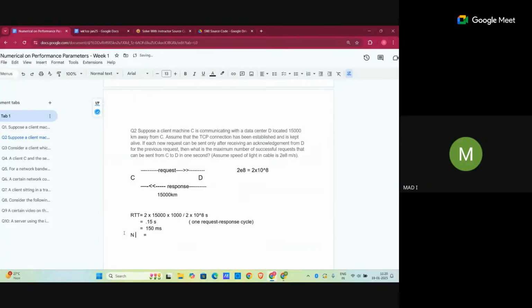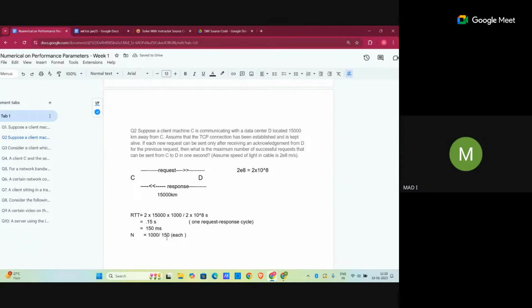It will be equal to 1 second, which is 1000 milliseconds, divided by 150, because each request response cycle takes 150 milliseconds. If we want to calculate how many such requests can be made, we will divide the time, 1 second, by 150, the time required for each successful request response cycle.